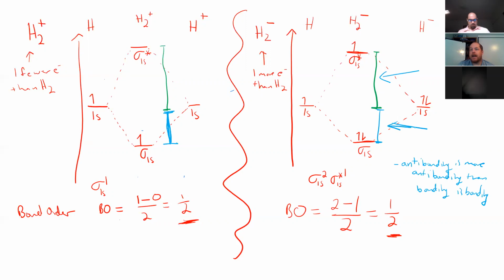So if you want to remember a little way of putting it, that's not a bad way of thinking about it. Antibonding is more antibonding than bonding is bonding, which leads to, even though these molecules have the same bond order, there's more subtlety to it. And so the subtlety leads to the H2 minus having a weaker bond.